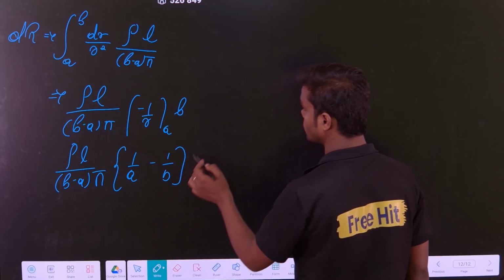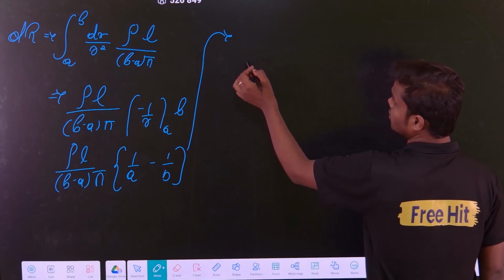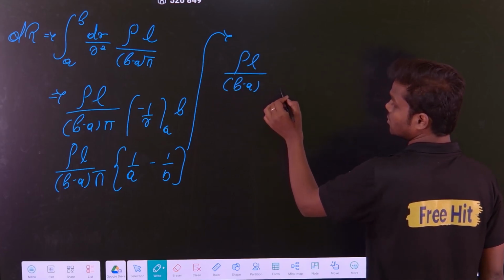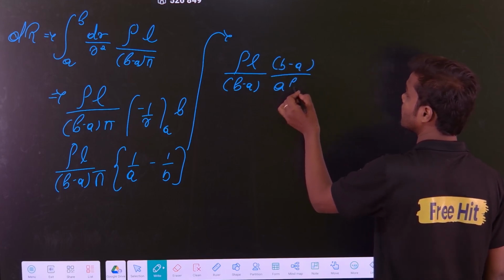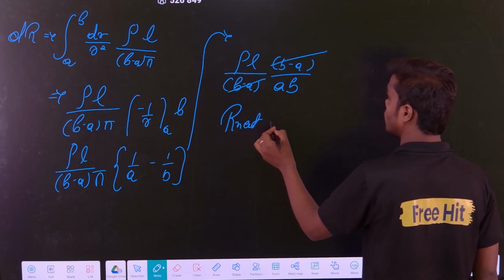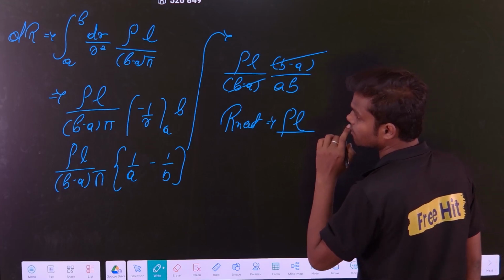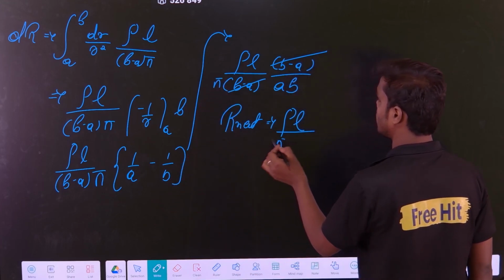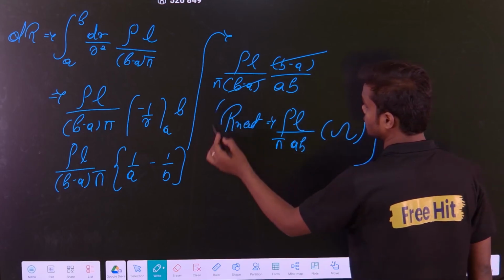Okay, so what will you get from here? You will get rho L upon (b minus a) into, in the numerator, again (b minus a) divided by ab. So this thing will cancel out. So you will get R net for this configuration equal to rho L upon pi ab. I missed the pi earlier, here we have a pi. This is my answer.